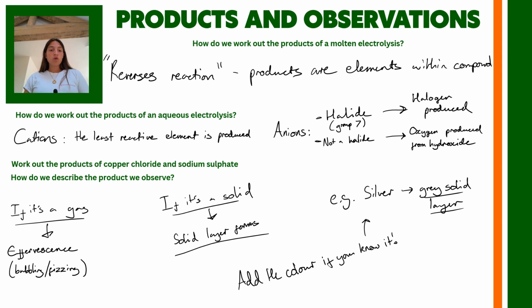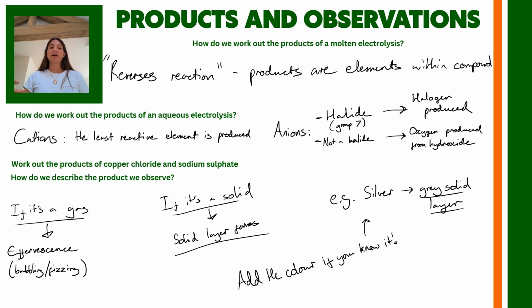Now, chloride here, that is a halide, and therefore I know that I get that halogen produced. So I get my chlorine gas being produced, and that's as opposed to some oxygen gas from the hydroxide. So then my second example, though, sodium sulfate. So again, sodium is my cation here, but it's higher in the reactivity series than hydrogen.